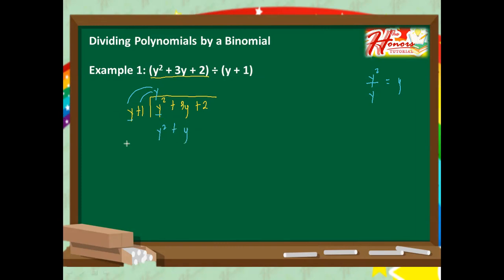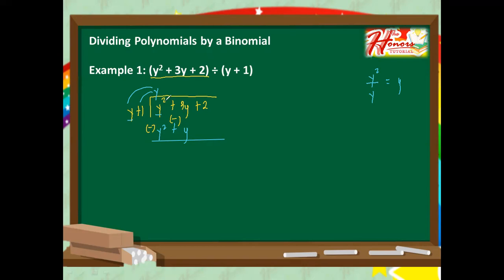And then after that, don't forget to change the sign of y squared and y. So this is positive, we will get the opposite. It will become negative. Positive will become negative. And then we have to subtract.